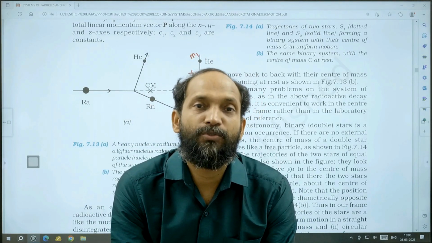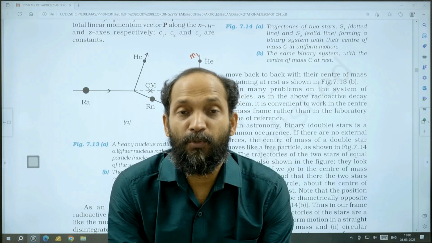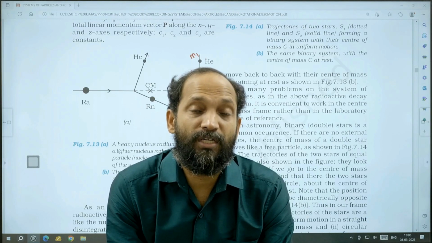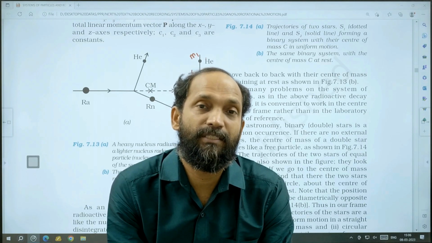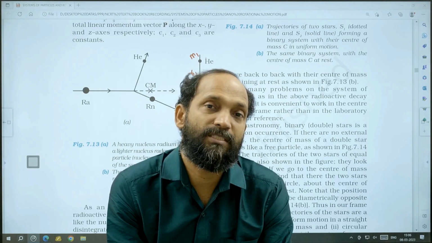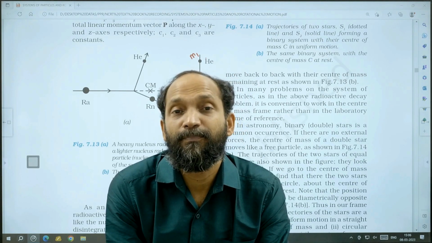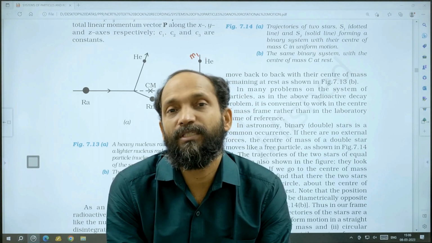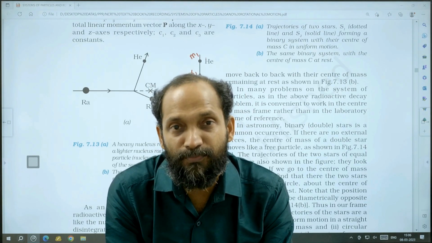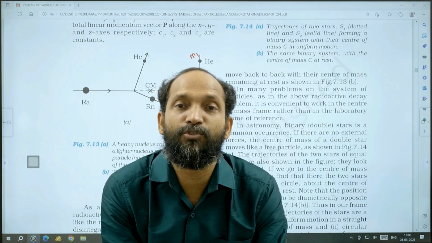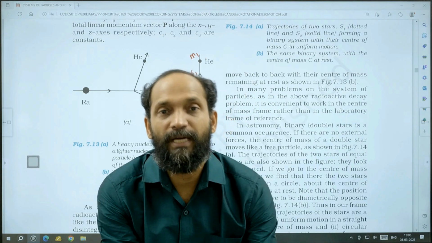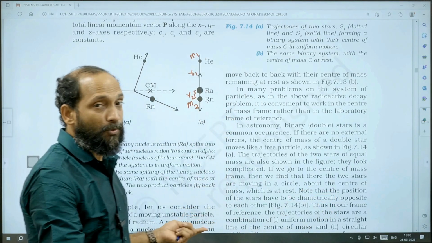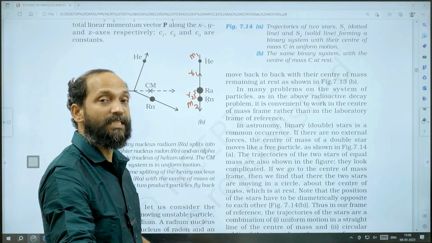It is because in this process there is no external force. It is radioactivity, a nuclear process. In that process, there is no external force. In the absence of external force, total linear momentum is conserved. Before that process, the momentum of the center of mass was zero.